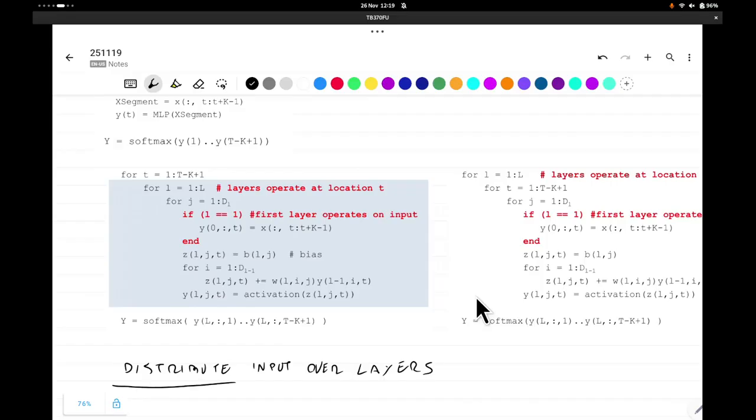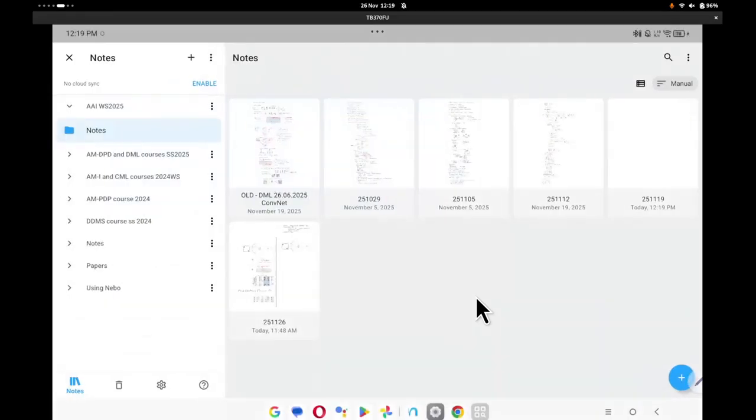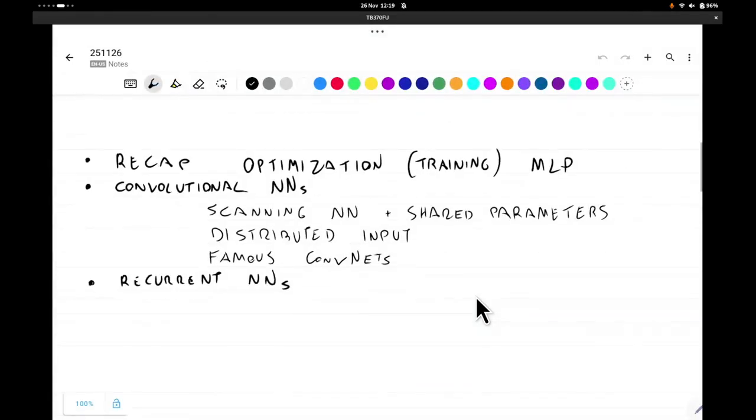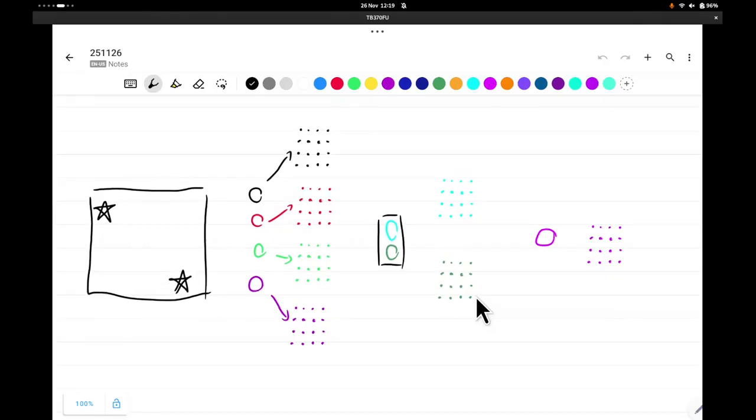And now the next thing to look into is distributing the input over layer. And to do that, we go to the new whiteboard. To talk about distribution, I sketched this network architecture to show the following.